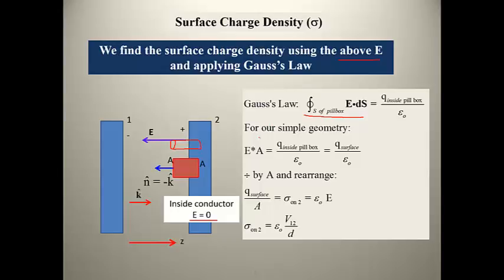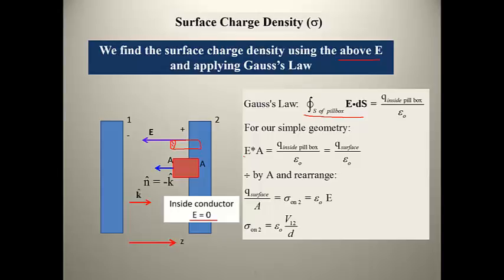So for our simple geometry, if E is parallel to the z-axis and this surface is parallel to the z-axis, then there's no E dot dS along the sides of the pillbox. Remember, E is 0 here, so the only surface that we have to look at is this one out here.